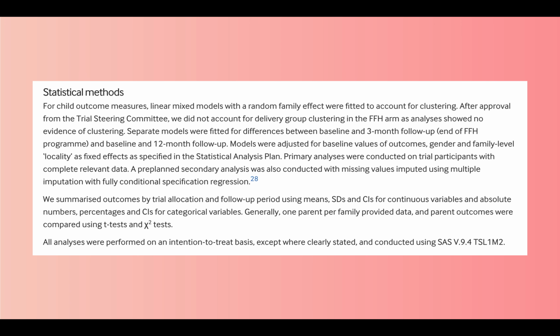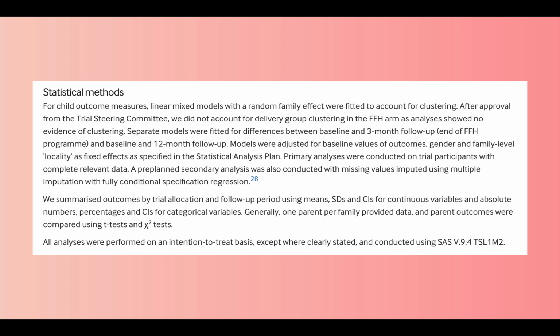What did they do with this information? They described that every parent from the FFH arm has to record the BMI of the kid, and then they have to give that to the statistical group, the nurses.